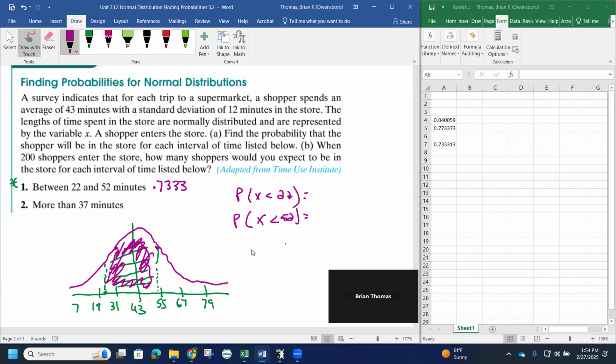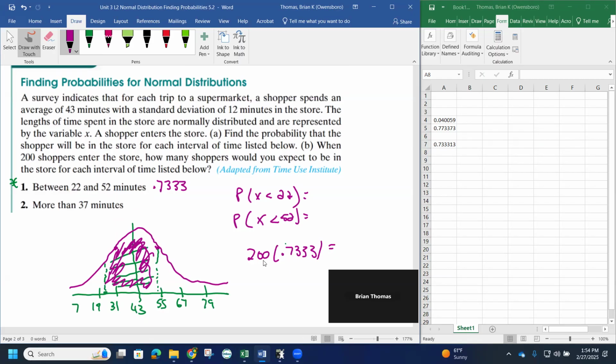Now, part B says, how many shoppers would you expect to be in the store that stay there between 22 and 52 minutes? So if there's 200 shoppers, about 0.7333, about 73% of those are going to be in the store between 22 and 52 minutes.